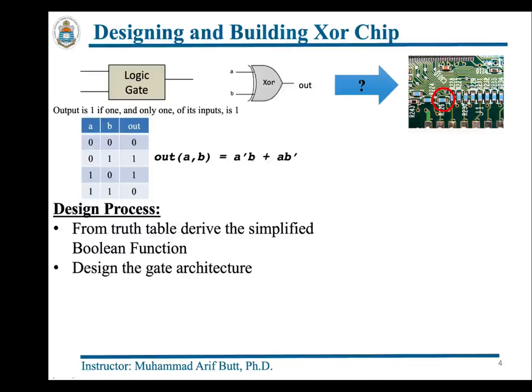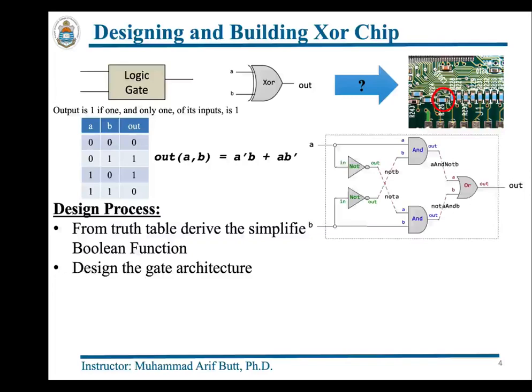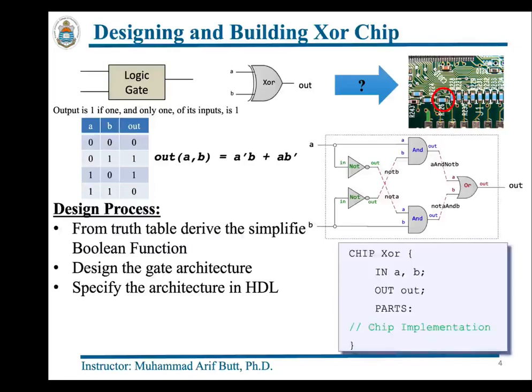Then we need to design the gate level circuit for this function, and this is the gate level circuit. And then we need to specify this gate level diagram in the hardware description language. If I show you the stub file, I have named the chip as XOR.